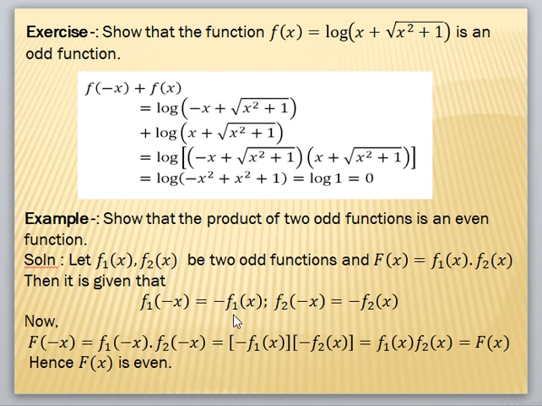But from the definition of f1(-x) and f2(-x), you will get minus f1(x) into minus f2(x), which is equal to f1(x) into f2(x), that is capital F(x) from the definition of capital F(x). So capital F(-x) is equal to capital F(x). So F(x) is an even function.